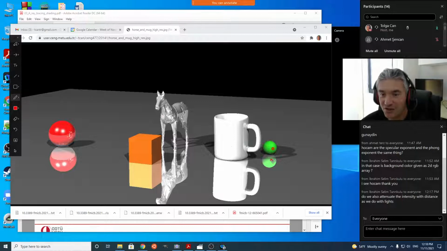The distance between the reflection point and this point may be ignored. Since it's already attenuated by reflectivity, we may not consider the distance as well. So it depends. My answer is it really depends on how you want to do it, but to be more realistic, it should decrease with distance.